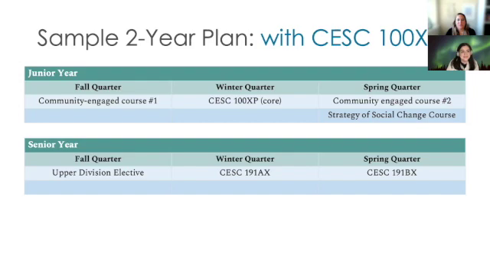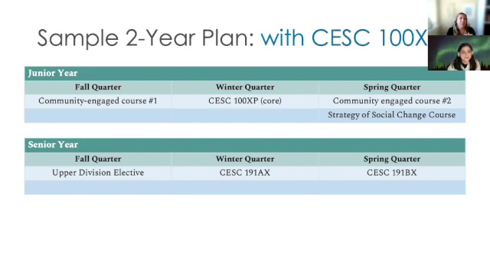Thank you. That's so awesome. I appreciate you sharing that. And I think just as a reminder, you can overlap up to 2 upper division courses. So maybe your strategy of social change course and that first community engaged course you took overlap with your major. That just brings down the unique classes you have to take.